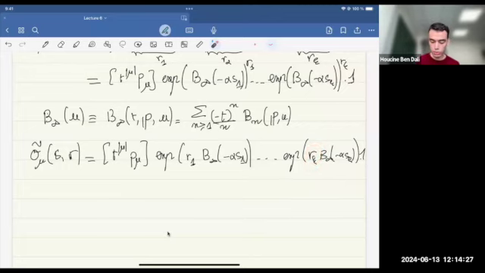But you can also give a combinatorial interpretation of these Jack characters in the multi-rectangular coordinates.